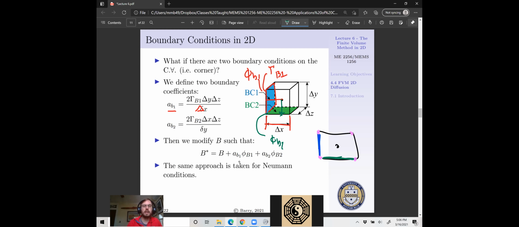We take 2 times the diffusivity at this bottom boundary interface, gamma B2, times delta x delta z, which represents this green face, the area at which this boundary condition is being applied per delta y. And delta y, you can think of as the height of your cell. So we can simultaneously consider both boundary conditions and their influence on our cell center volume with no major modification and no other derivation. All we have to do is modify B, which includes our boundary condition.